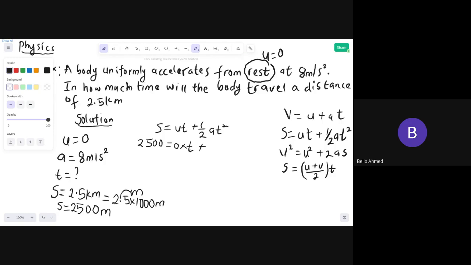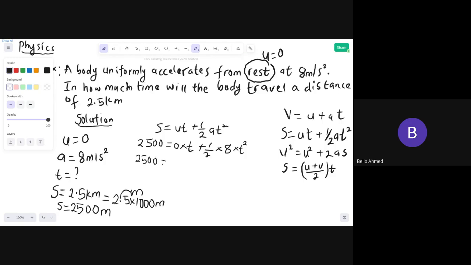Then plus half times acceleration, which is 8. Well, I'm going to put it there. Then times t squared. Don't forget the squared on top of the t. Please don't forget that. It is very important. Then you are going to have the 2500 written again.